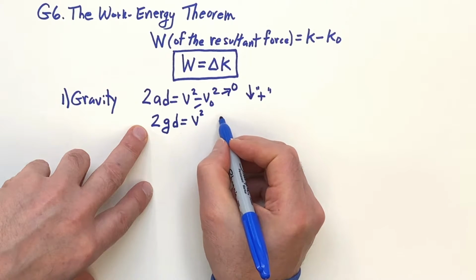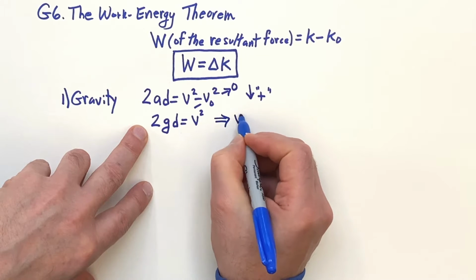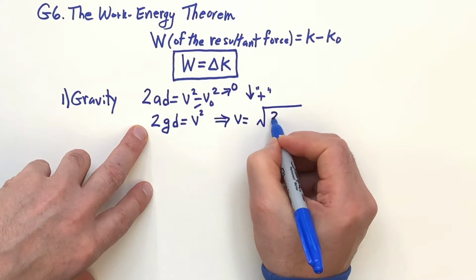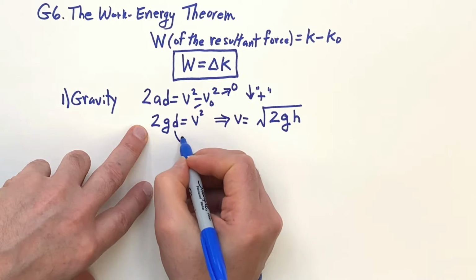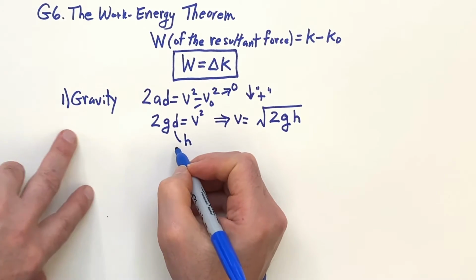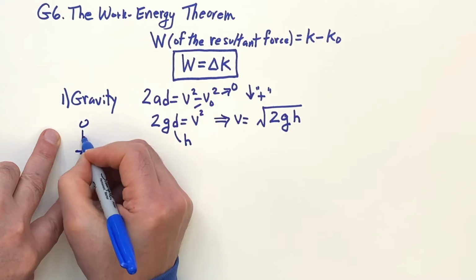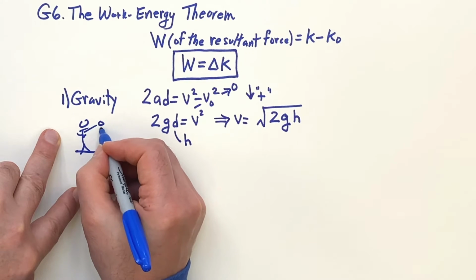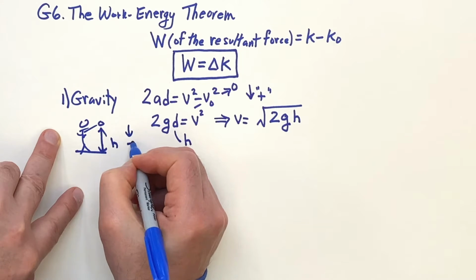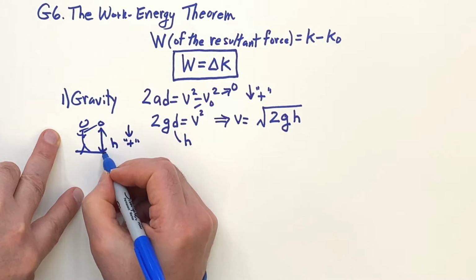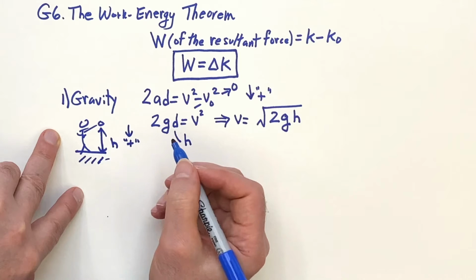And that means that the velocity is equal to the square root of 2gh. Let's use h, a lot of times folks like to use h for a height. In other words, here we're dropping the ball from height h, down is positive, and right before it hits the ground, we're going to have this velocity.